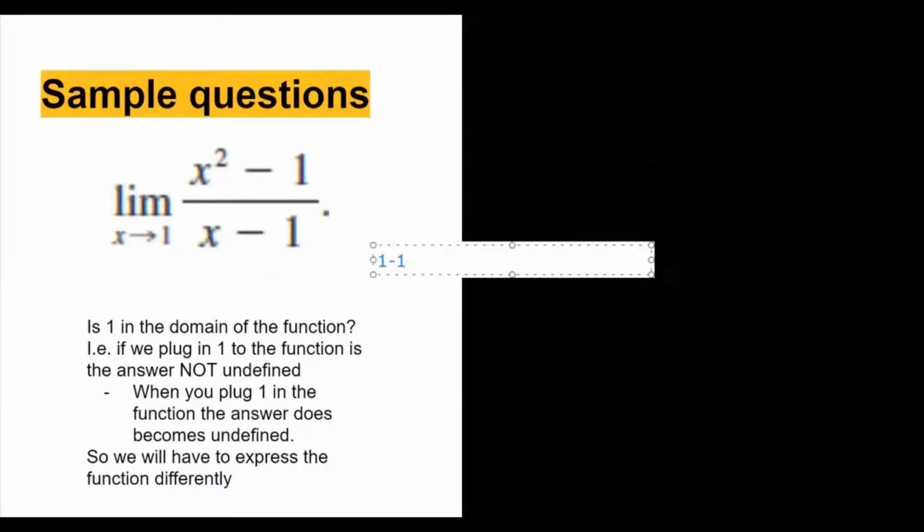When I do that, I get 1 minus 1 divided by 1 minus 1. Again, as you can see, this turns out to be 0 divided by 0, which basically does not make sense.